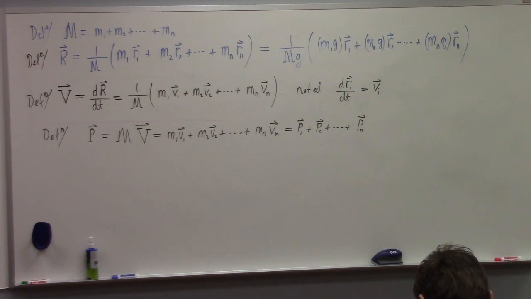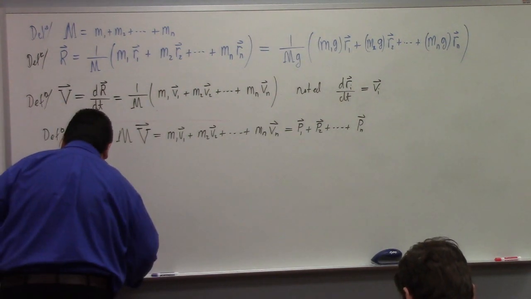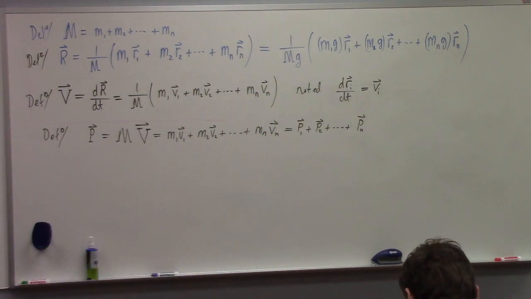We can treat it as a system where the force on the system is just the sum of the forces on the constituent masses, but it's as if that system was a single mass, big M, at the position center of mass R, with velocity big V and total momentum P. So this allows us to treat systems of particles as if they're just a single particle. This is really how we think about everything, honestly. We've been using this idea even before we did this derivation for sure.